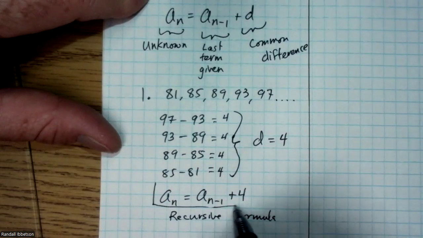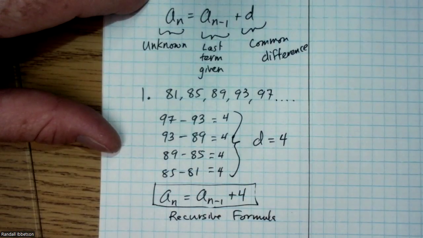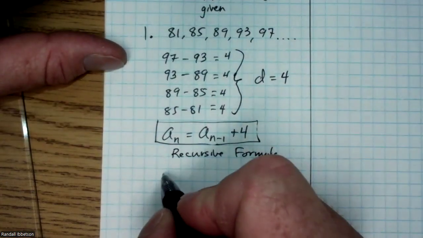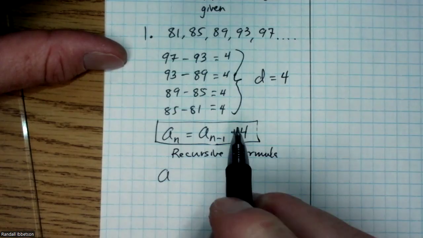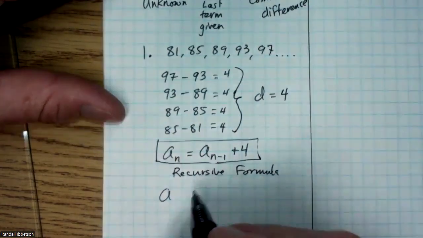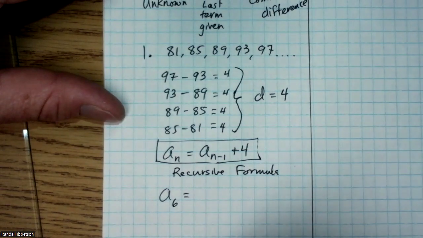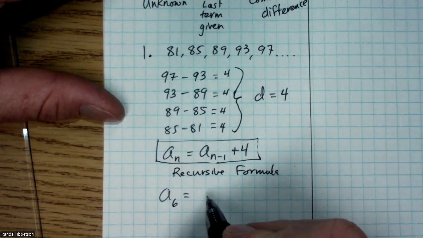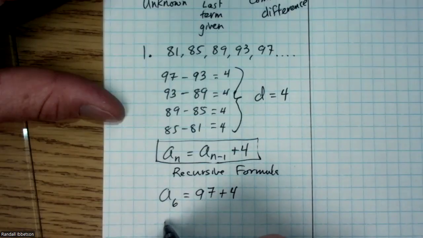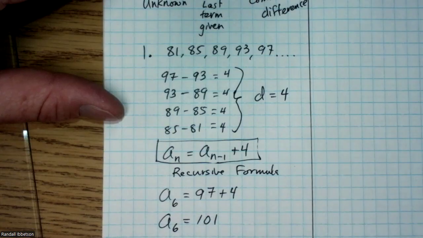So there's the formula. Now, how do you use it? If I want to find the next term, which is what a recursive formula does, I want a sub 1, 2, 3, 4, 5, 6. I want the 6th term. That's the next term I want. The previous term was 97 plus the common difference of 4. So I just found the 6th term: it's 101.